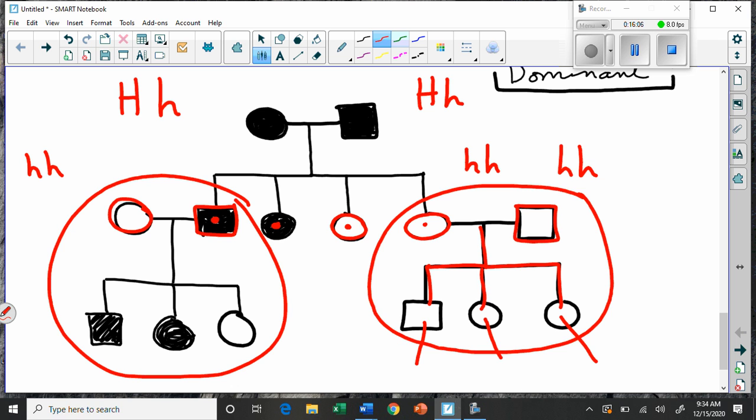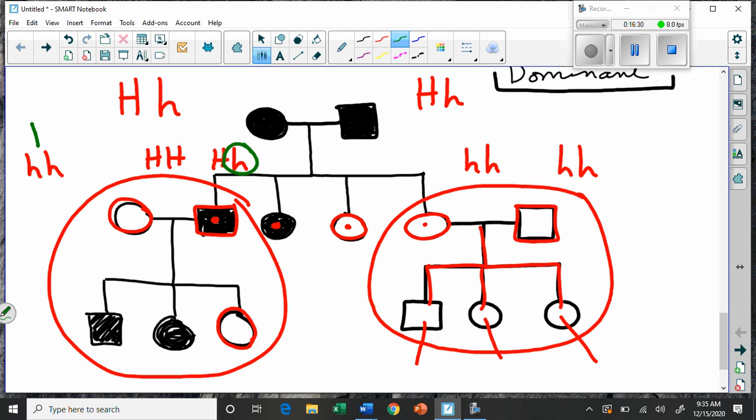Because it has to be either two capital H's or a capital and a small, right, in order to be colored in. But look at this child. They did produce a child who was not affected. That tells us that this allele right here had to somehow be in the mix.